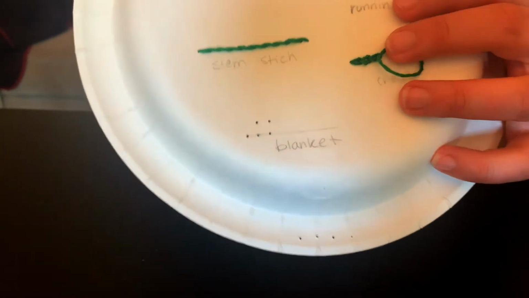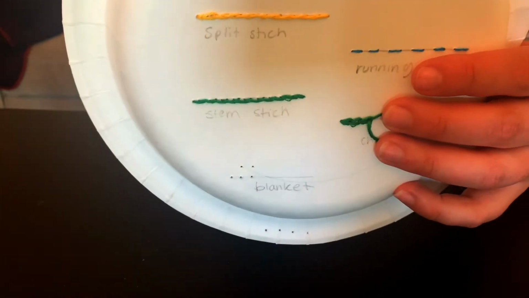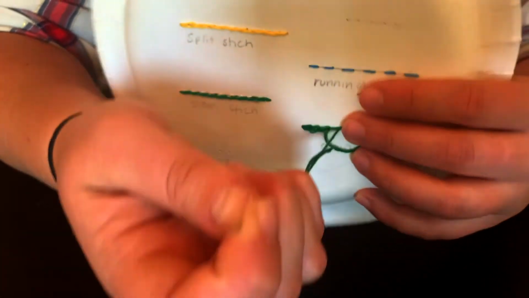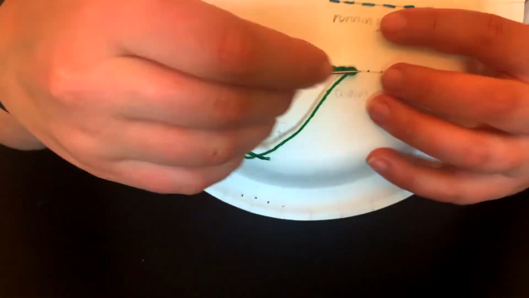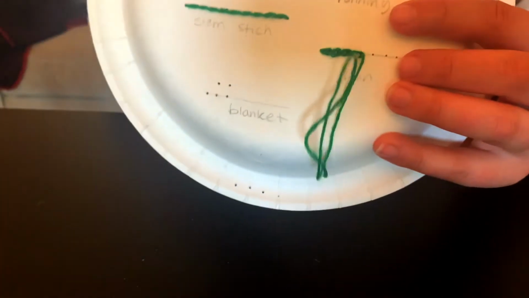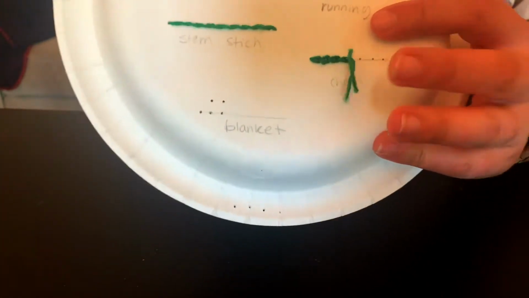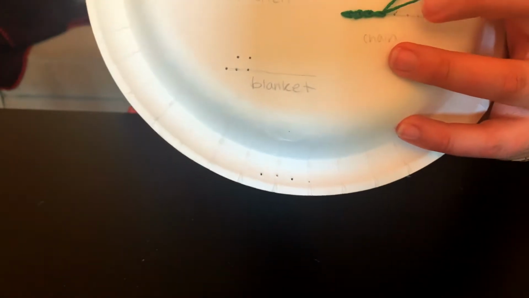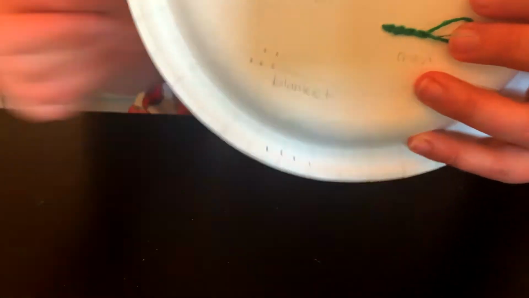And a lot of these stitches just become muscle memory. And that's why practicing on something like a plate is really nice, because you can get really good at just the technical aspect of it before you start trying to embroider anything.